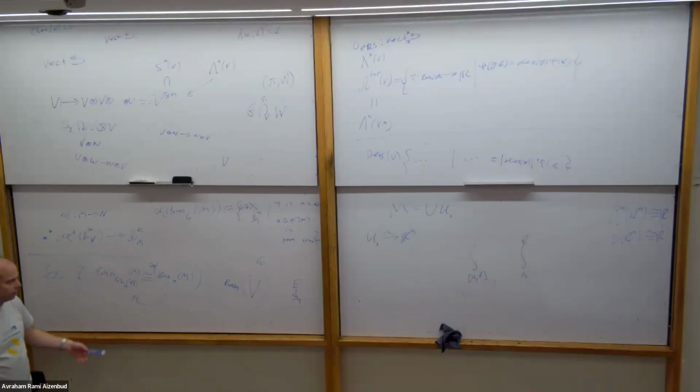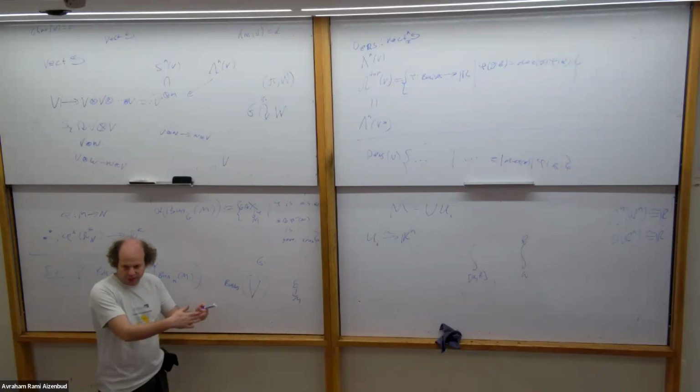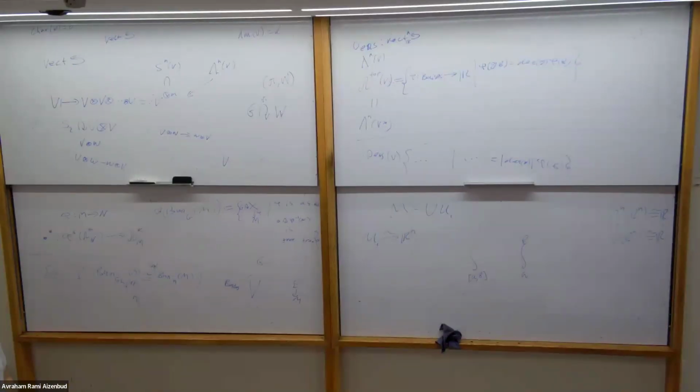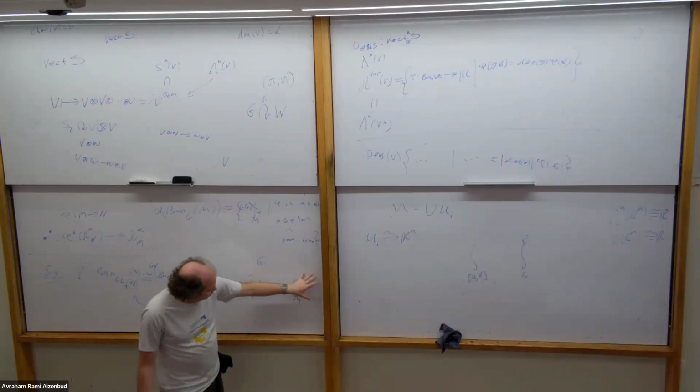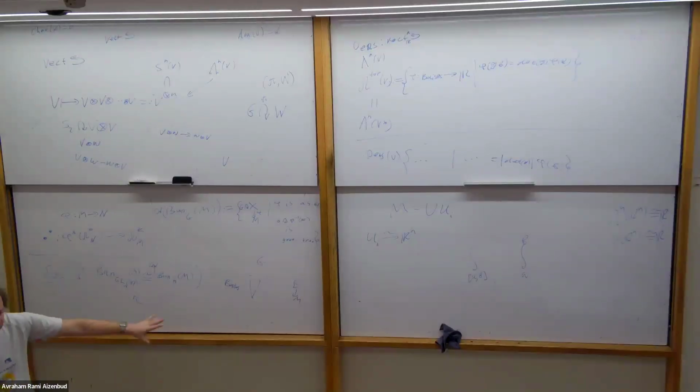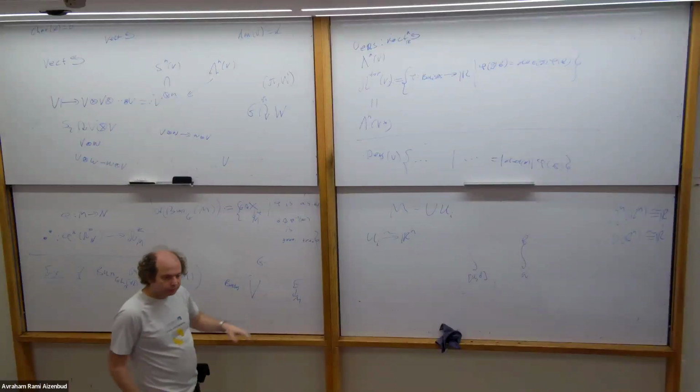You embed it into V to the power n, an open set in V to the power n. So you can locally give it the structure of a manifold, and then you glue everything together.